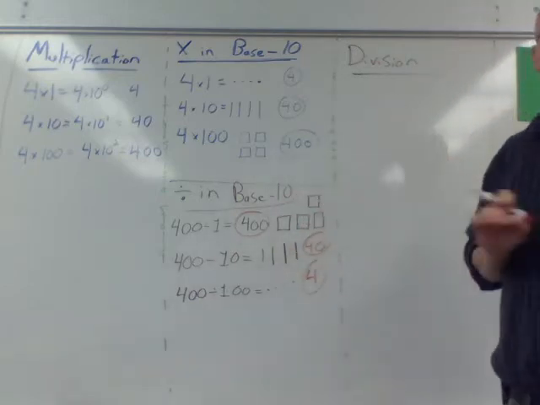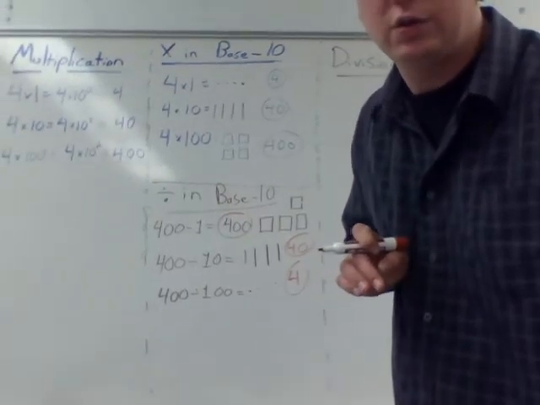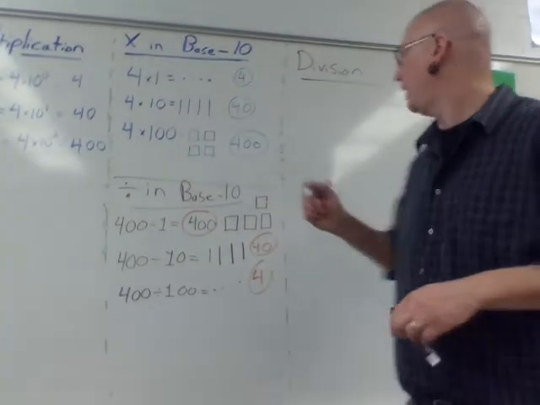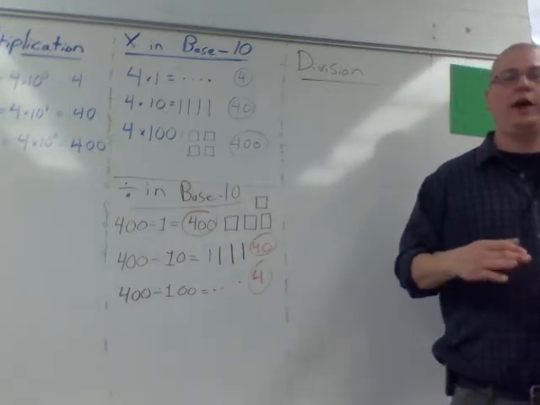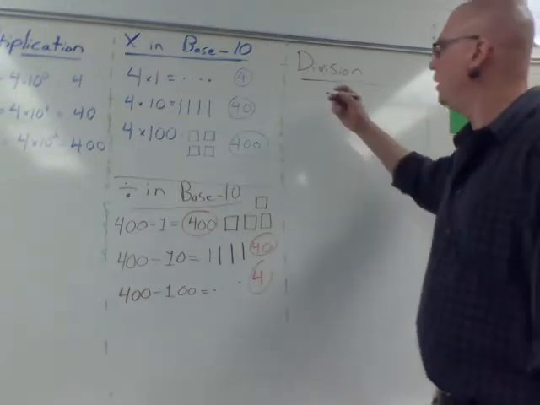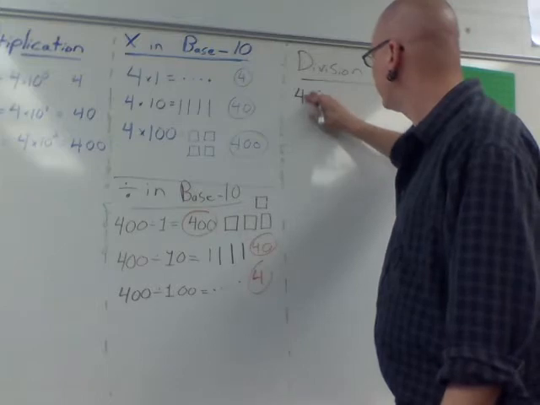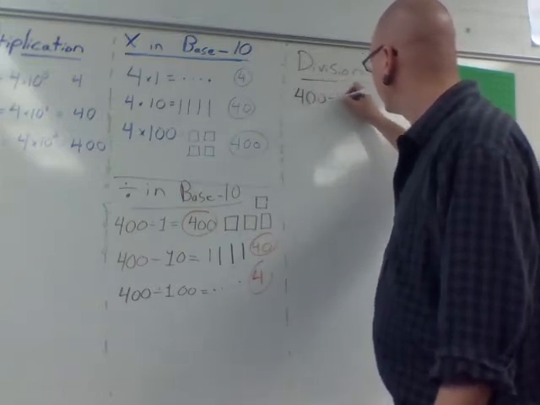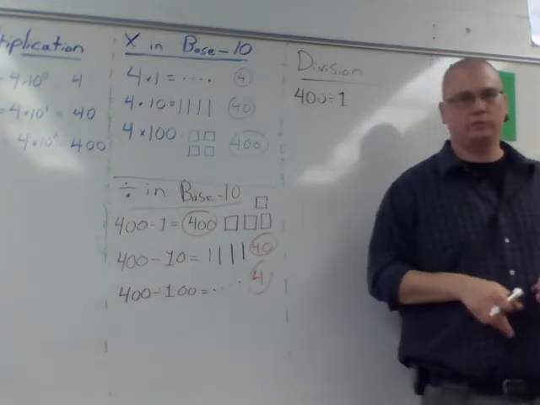Okay, now let's talk about this pattern, because this is where things start to get a touch complicated. I'm going to aim the camera a little bit better. We're going to look at this pattern in division, where we set up this problem in several different ways.